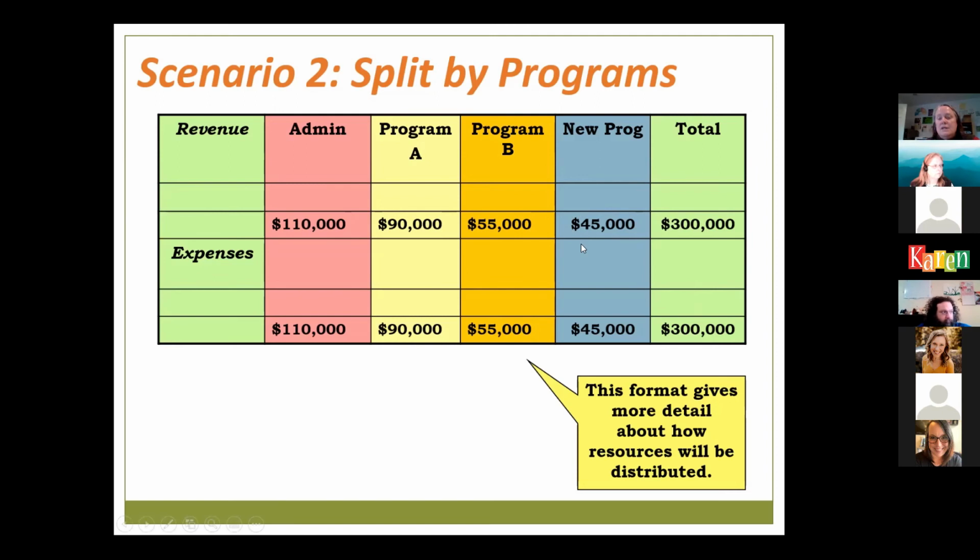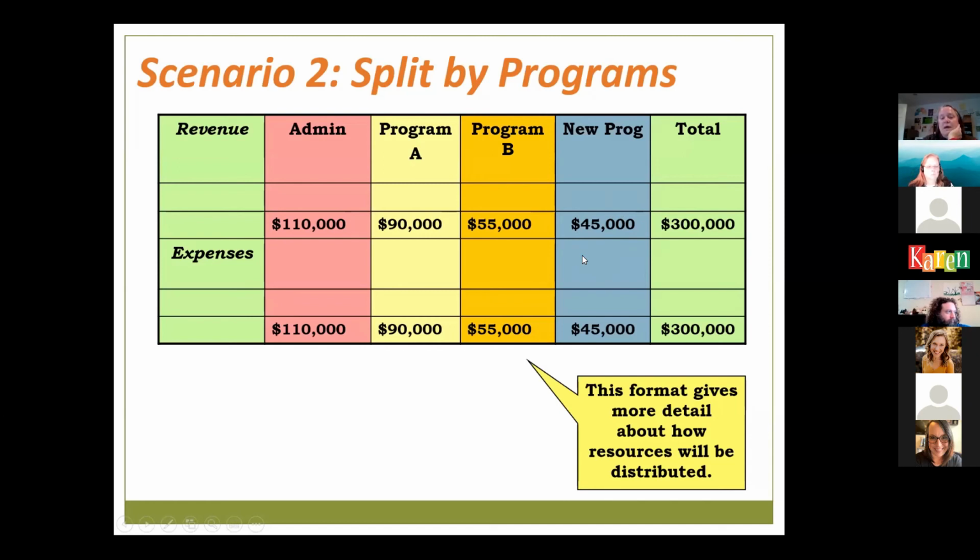But in addition to running the direct service part, the mission part, we're also going to have some administrative costs associated with running that program, right? So if we present the budget in this way, then everybody's going to look at our new program and say, yeah, it's going to cost $45,000 this year to launch that new program.